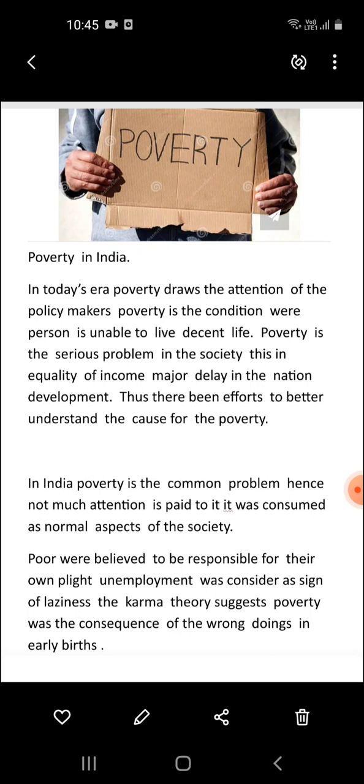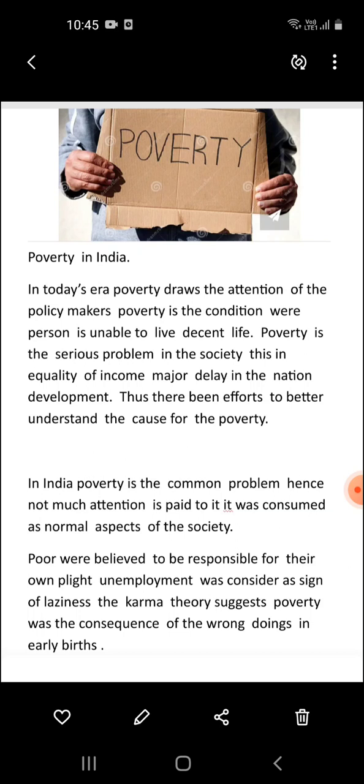In 1960, the concept of the poverty line was introduced by Dandekar and Rath. In the year 1960, two thinkers introduced the concept of the poverty line.